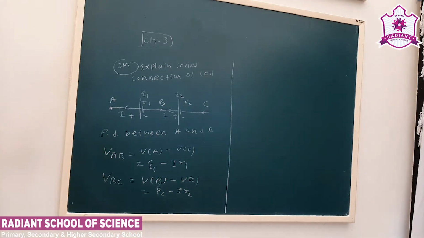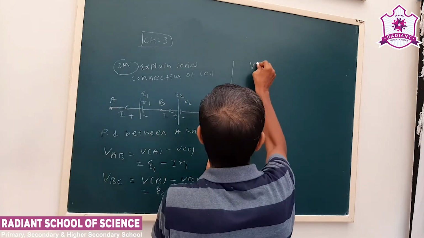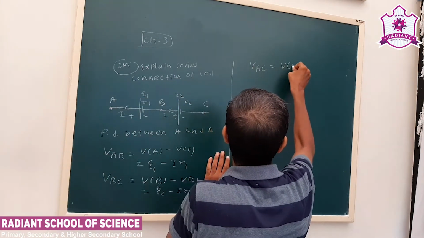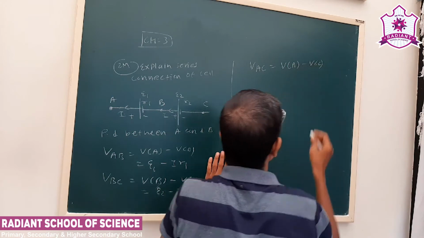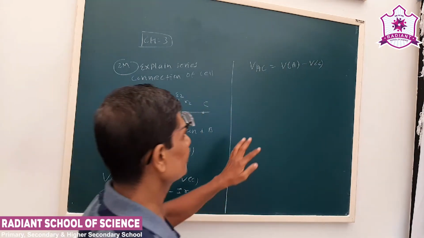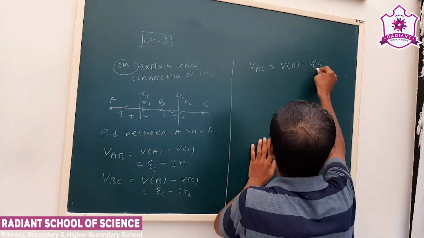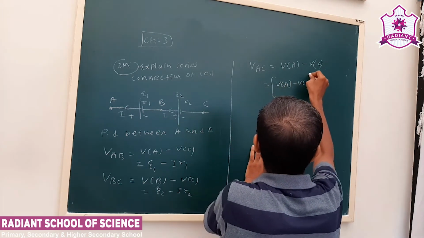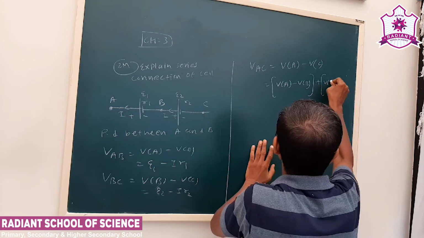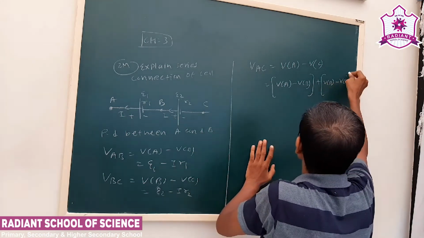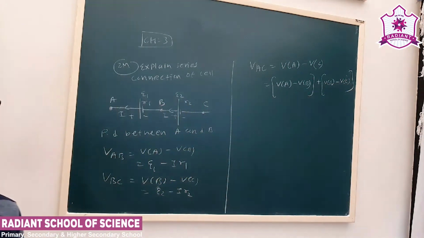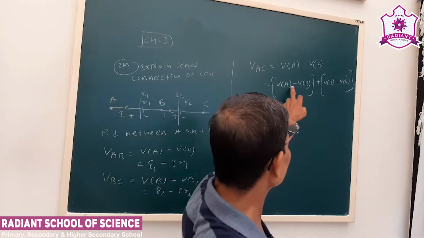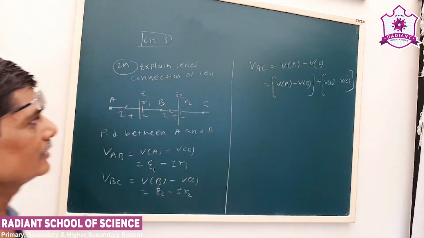Now I can arrange this. That is a simple mathematical arrangement. Minus VB and plus VB will get cancelled.